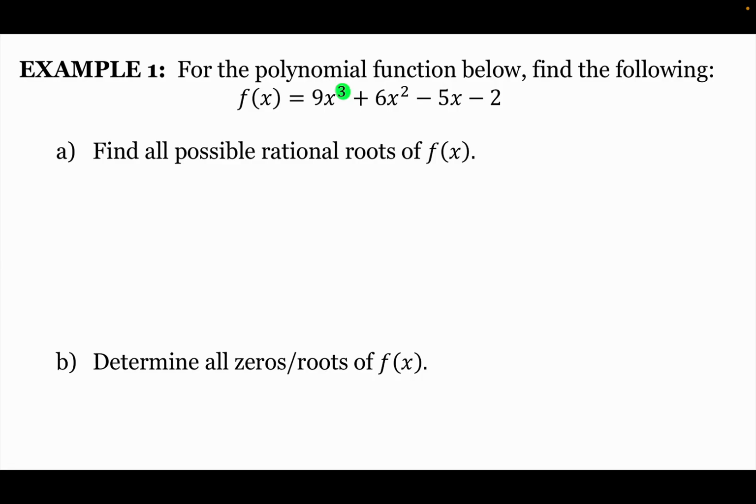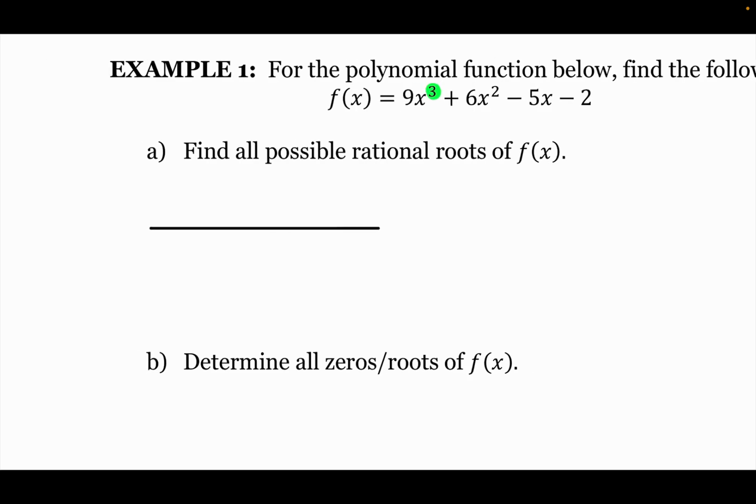Okay, possible. So how do I do that? Well, it's on the board, and I'll write it right here. I'm going to make a little line there. So this is possible answers. Possible roots. What does the word possible mean?